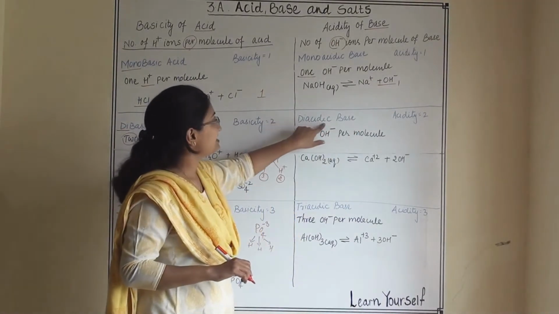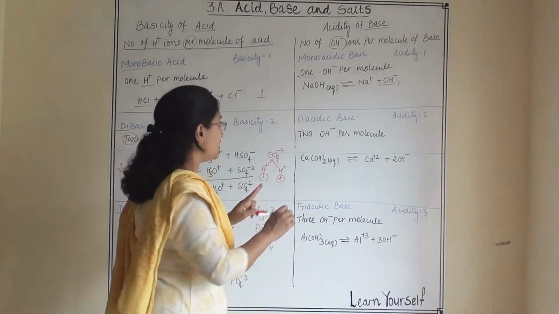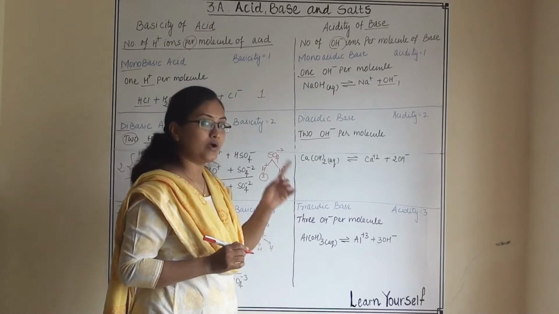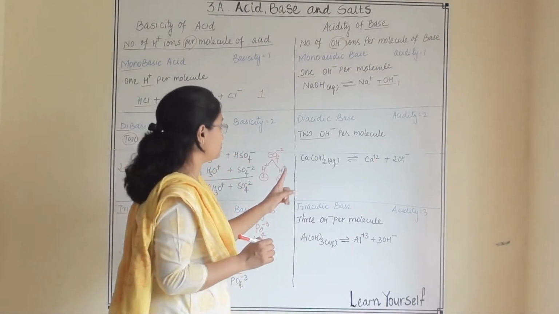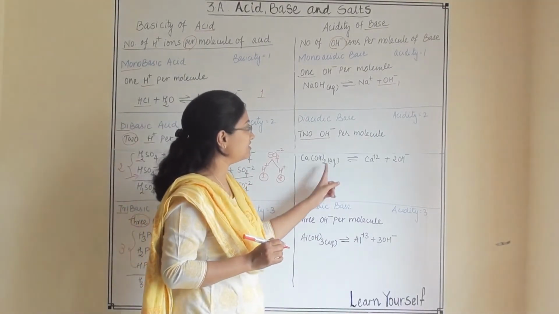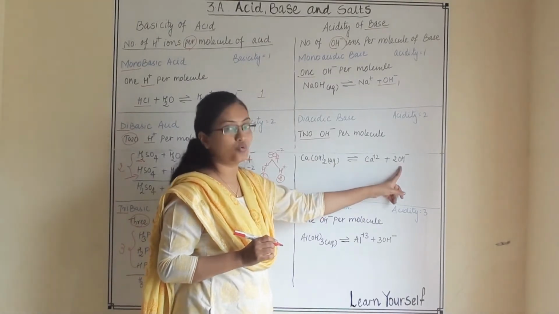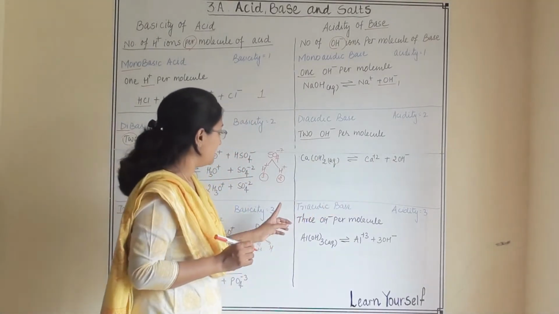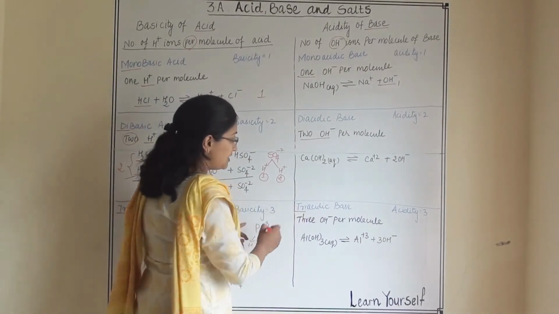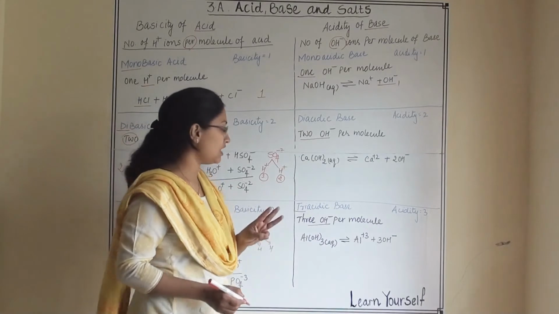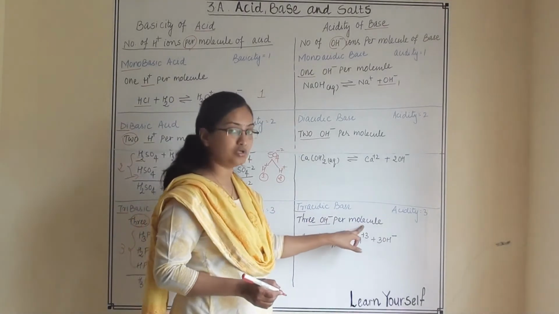Now a diacidic base gives 2 hydroxyl ions, and every base requires only 1 step for dissociation. So calcium hydroxide will dissociate and give Ca plus 2 and 2OH minus. Now a triacidic base, as the name suggests, gives 3 hydroxyl ions per molecule.